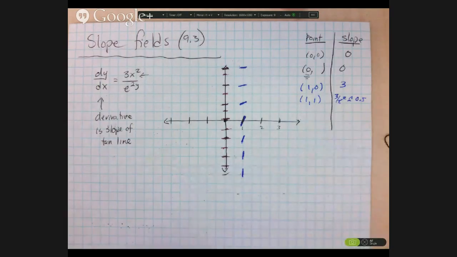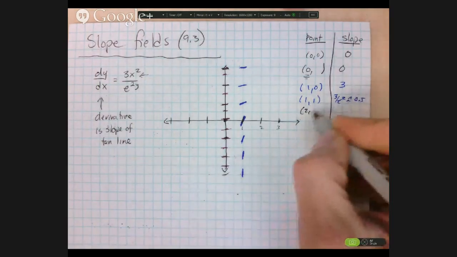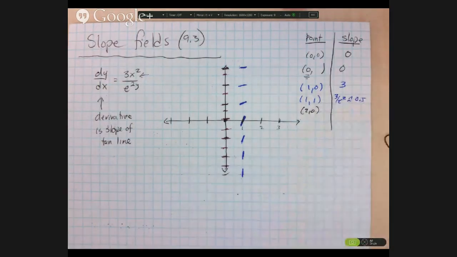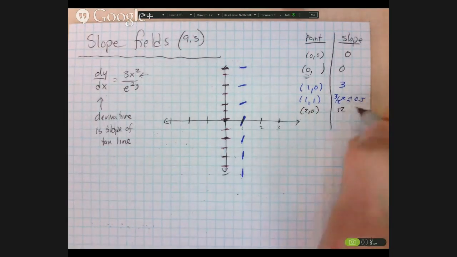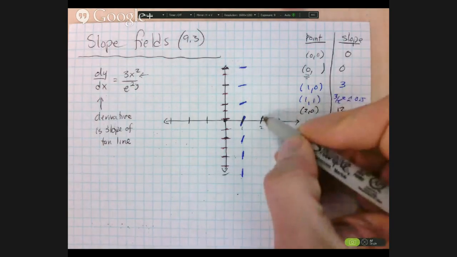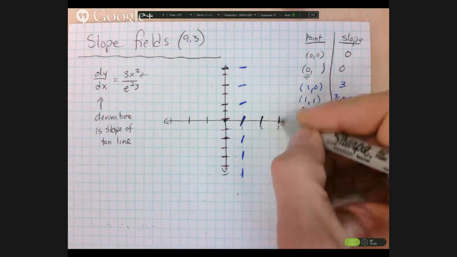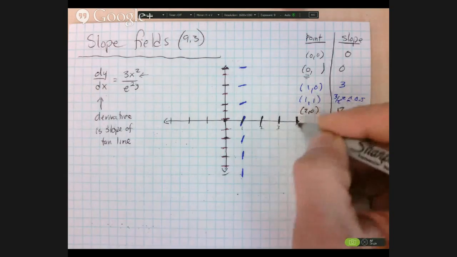What about 2, 0? 12 over 1? All right, so what are we going to probably see? These get steeper and steeper, right? As we go out.